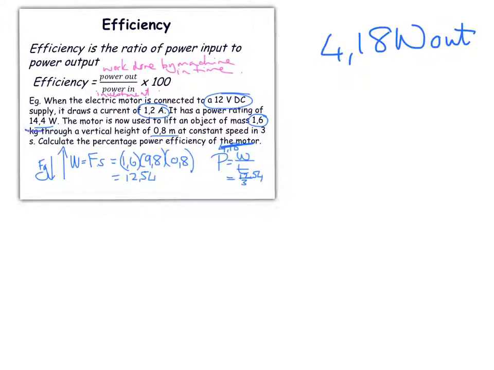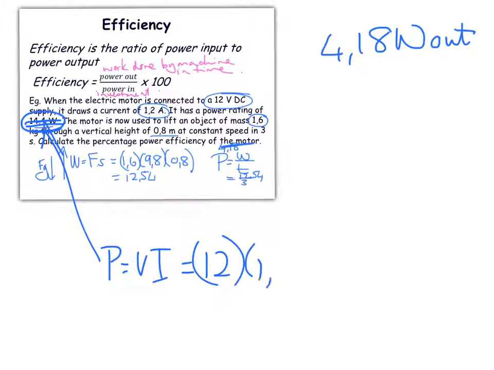So I'm getting 4,18 watts out when I put in 14,4 watts. They needn't have told me the 14,4, by the way. I might have had to calculate that particular value by saying power is equal to V times I, and I would have gone 12 times 1,2, and I would have then got 14,4.